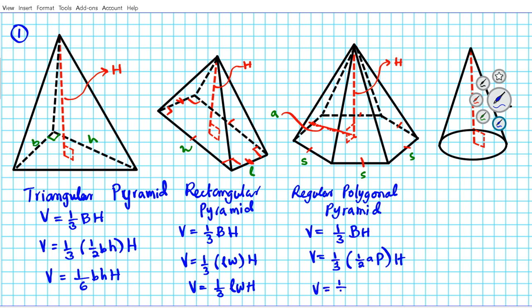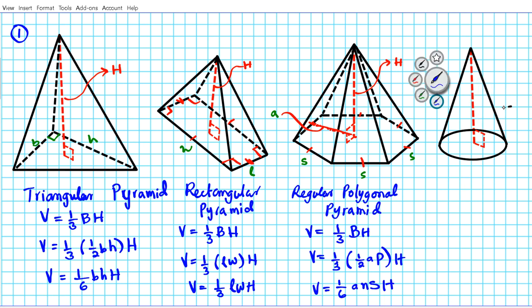We have 1/6 of the apothem times, another way you can write the perimeter is the number of sides multiplied by the length of the sides. And then multiply that by the height of the entire pyramid. So there goes your formula right there.